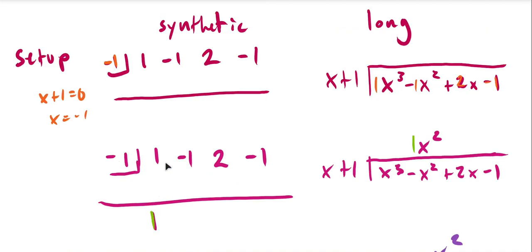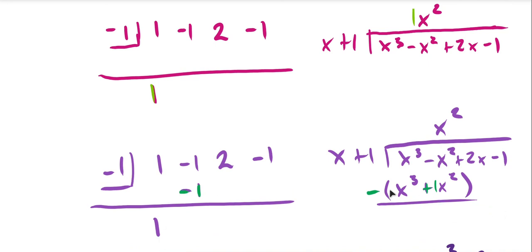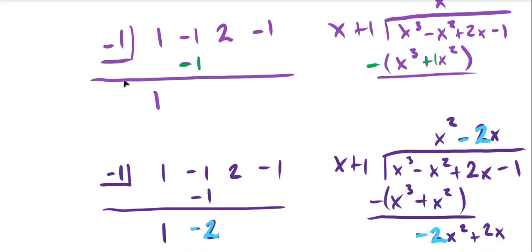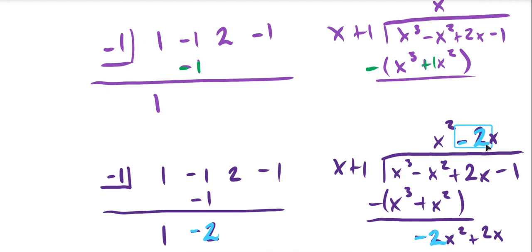Dropping this number straight down is the same as this number we've marked in our long division. Multiplying this out is expressing the idea that we're going to subtract, because this has changed the sign, and performing that subtraction. Here we perform this addition to get minus 2. Here we perform this subtraction and we get minus 2x squared, which is going to be the next term in the quotient.